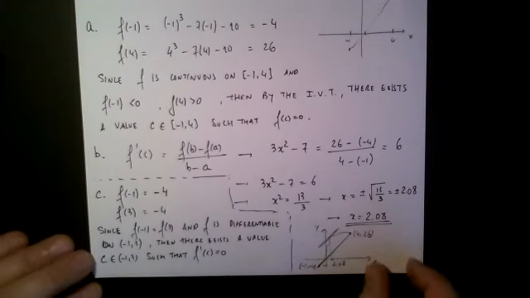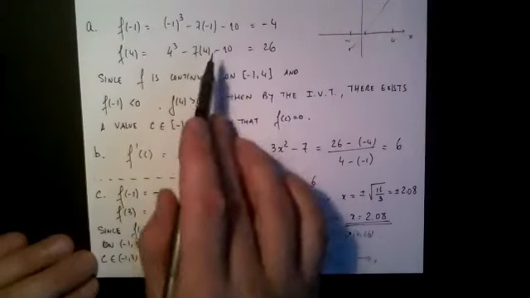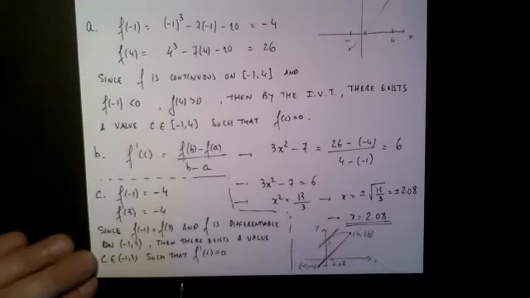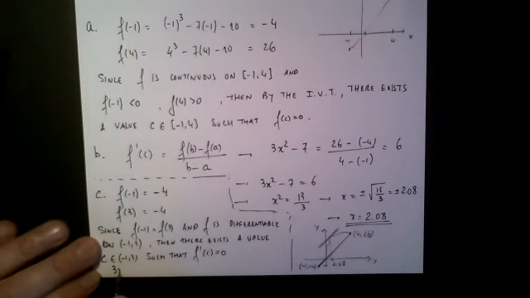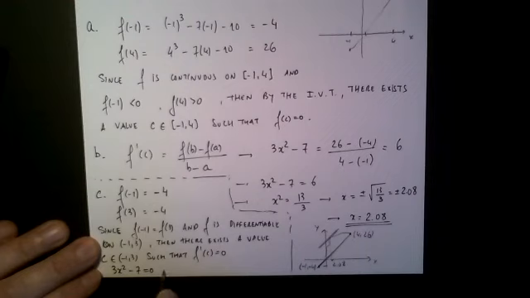Let's find that value quickly. The derivative is 3x² minus 7 is equal to 0. And so x is equal to plus or minus square root of 7/3.